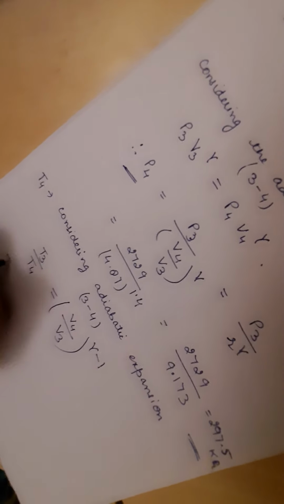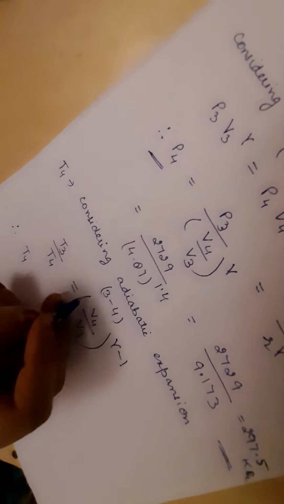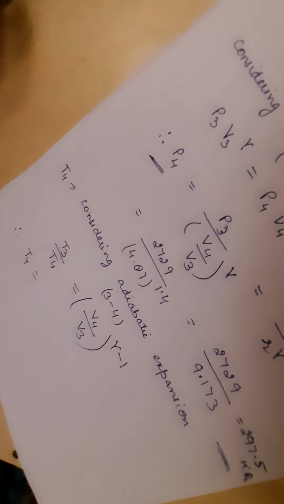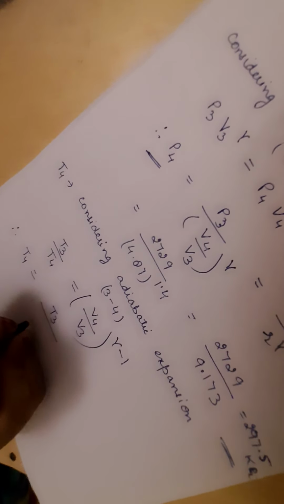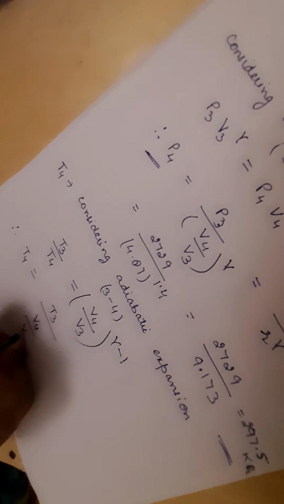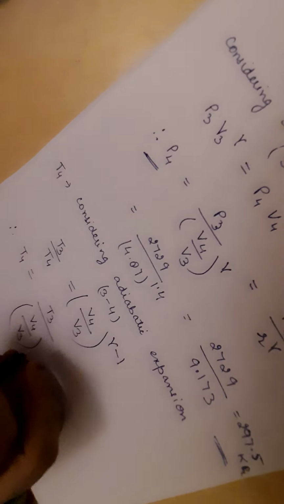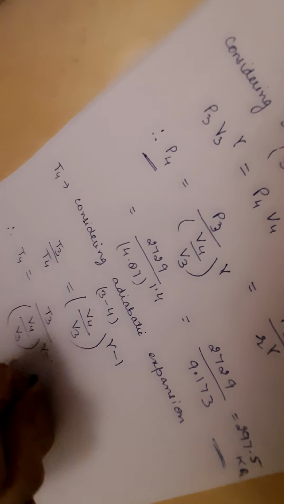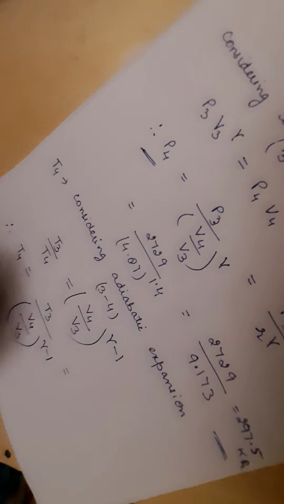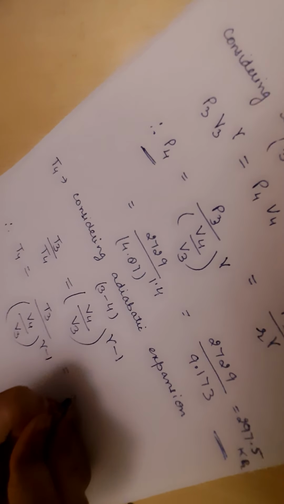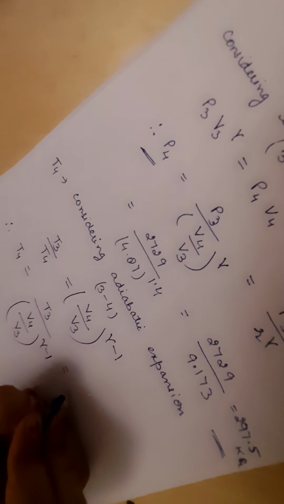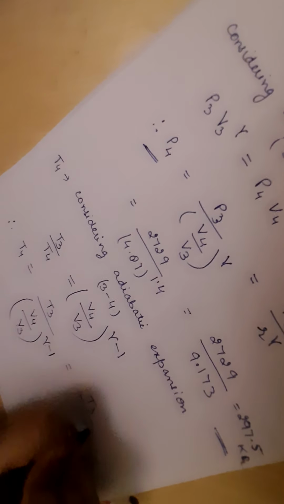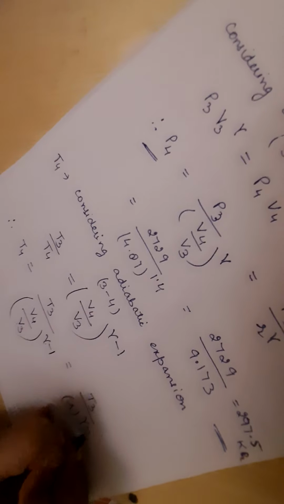Therefore, how can you calculate the T4? This will go this side, this will go this side. T4 is equal to T3 upon V4 upon V3 raised to the power gamma minus 1. Simply put all the values. The value of T3 you know. V4 upon V3 raised to the power gamma minus 1 is again R raised to the power gamma minus 1. So T3 upon R raised to the power gamma minus 1, and we will put the values here.